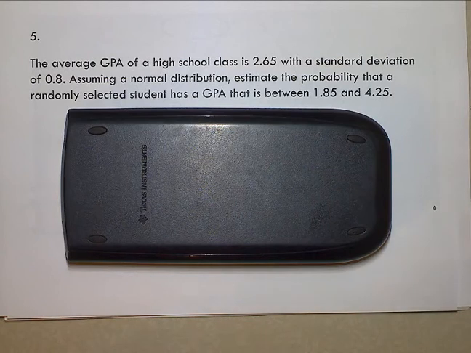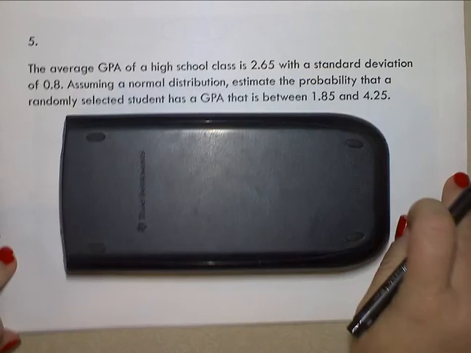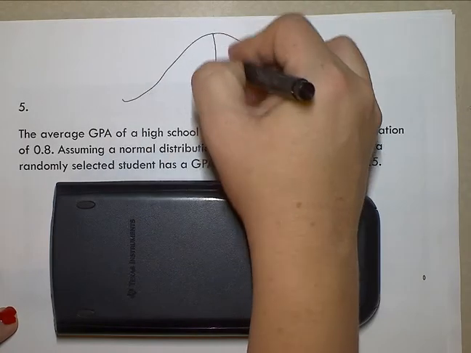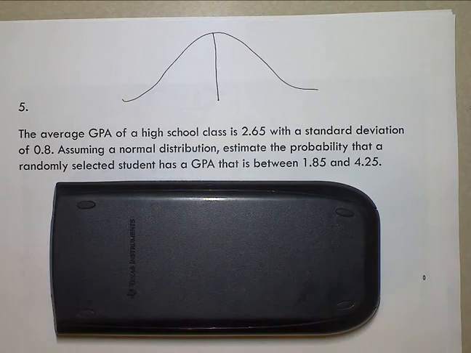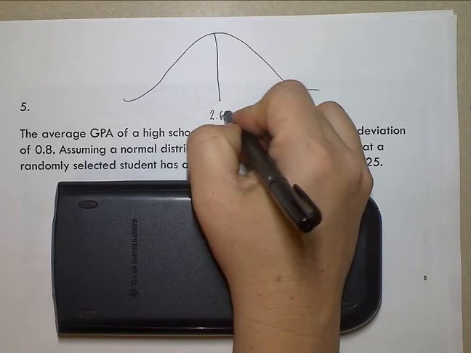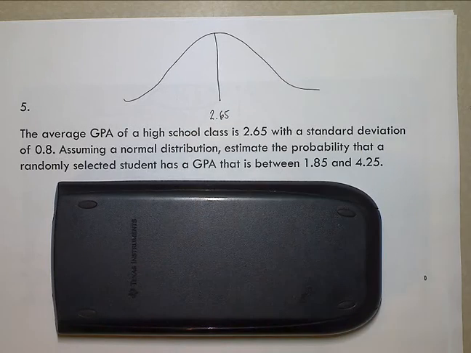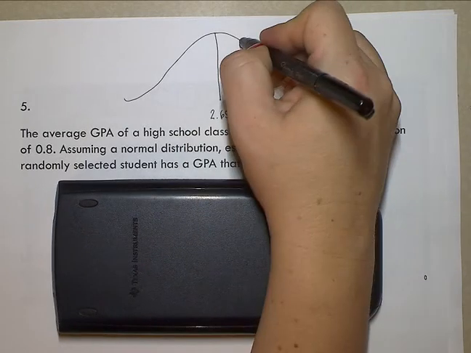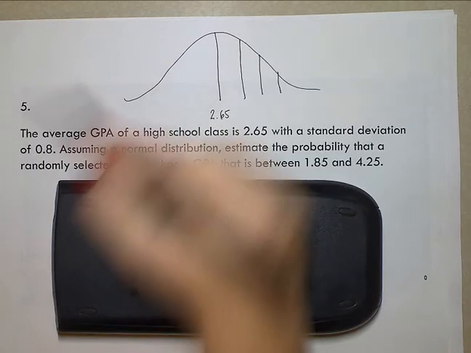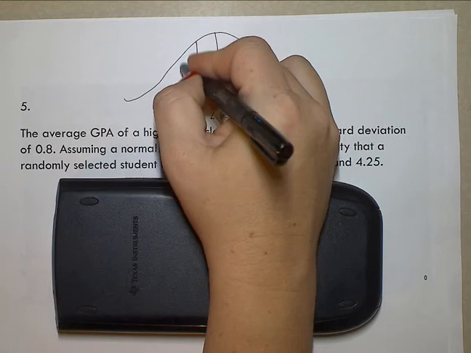So let's first draw a normal distribution curve. We know the average, or the mean, is associated with 0. So do 2.65. For speed reasons, can I have all the males do the next 3 standard deviations to the right? All the females, please do 3 standard deviations to the left. Go ahead.